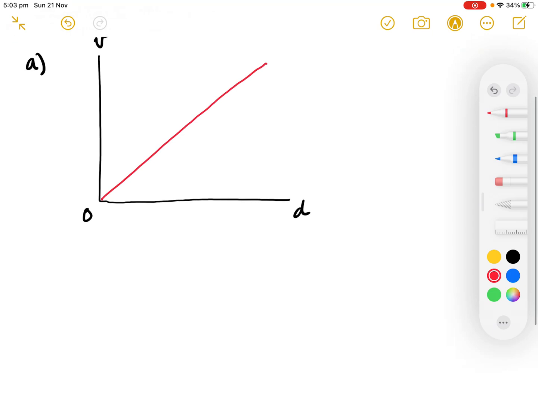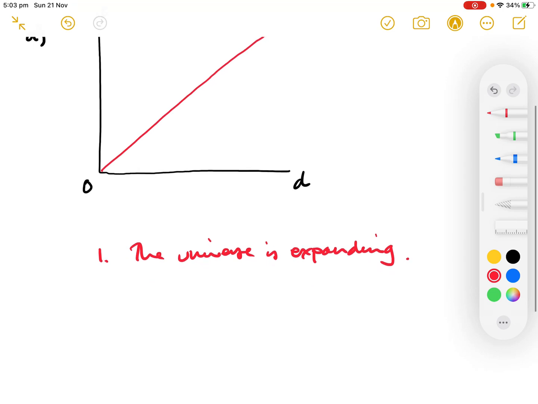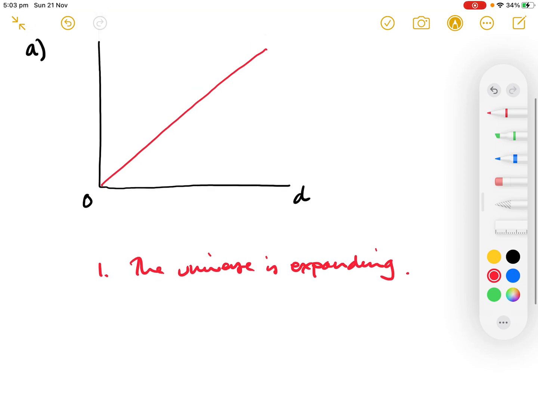But that led to some interesting consequences. Well, the first consequence, of course, is that we now knew with certainty that the universe was expanding. So that's number one. The universe is expanding. The galaxies themselves are not expanding.